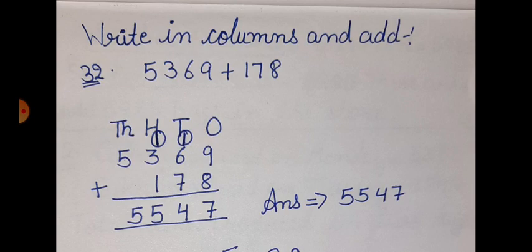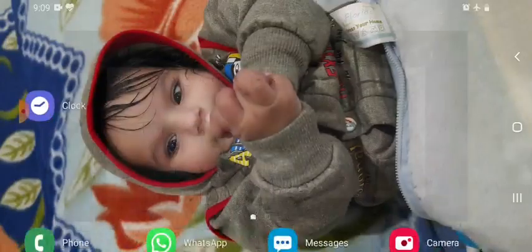We will not waste our time on this simple question. Write in columns and add. Simply you just have to write question number 32: 5369 plus 178. So first of all write ones, tens, hundreds and thousands. Then write both the numbers and add.